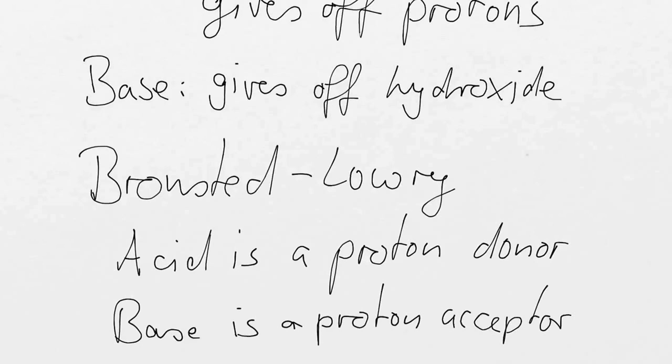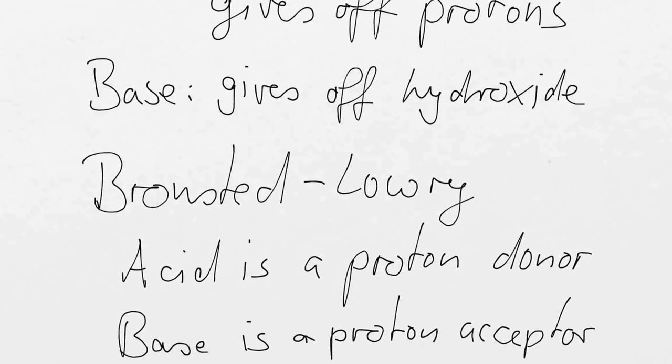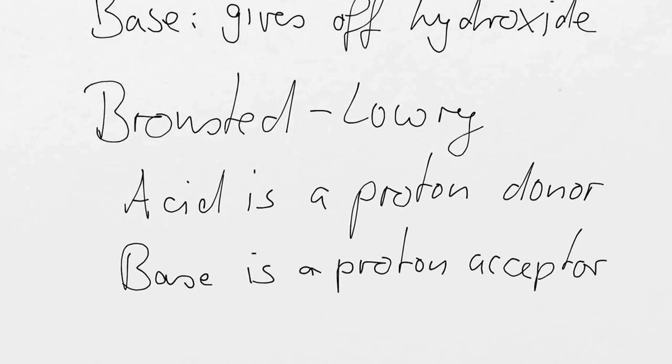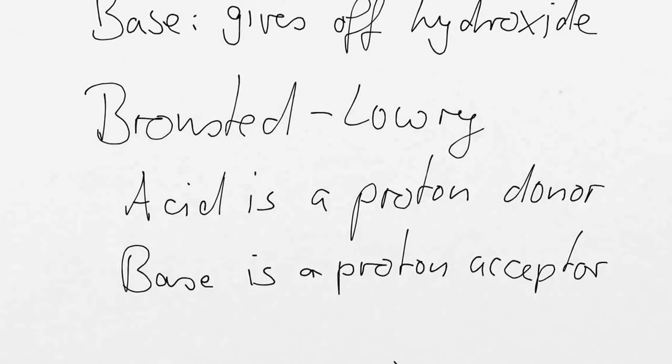Is there another definition? Lewis. What did Lewis say? Electron pair acceptor is acid and base is electron pair donor. Exactly.